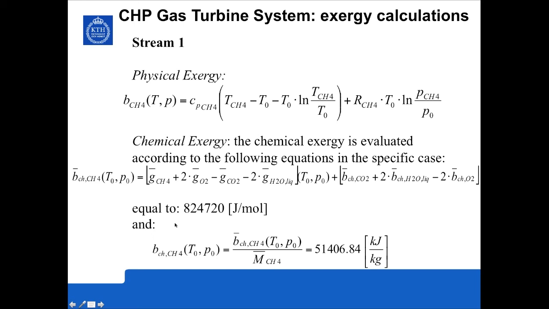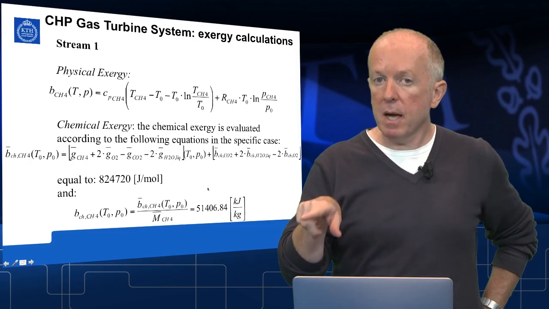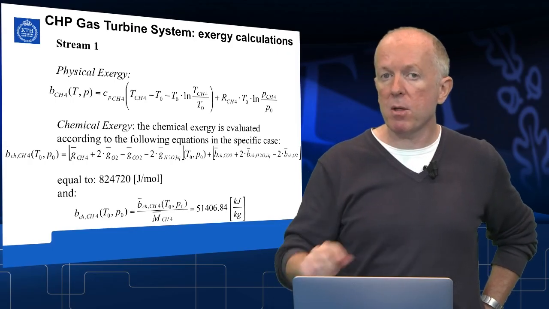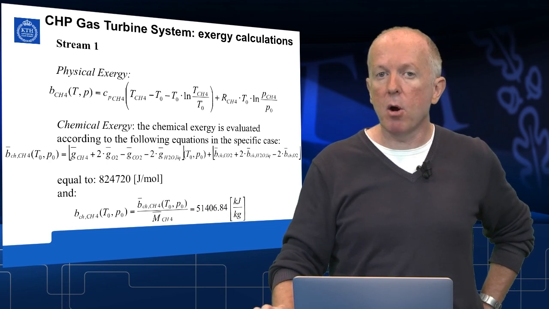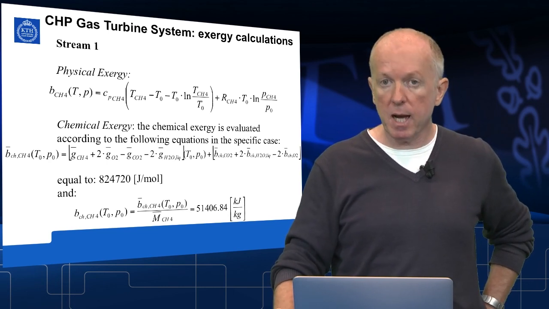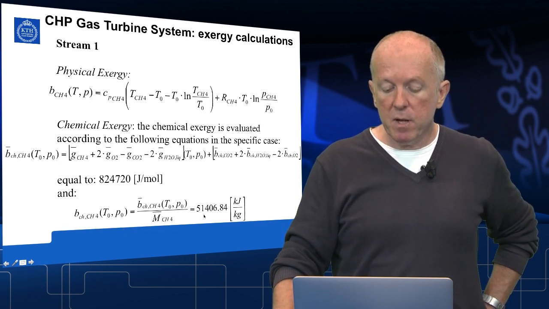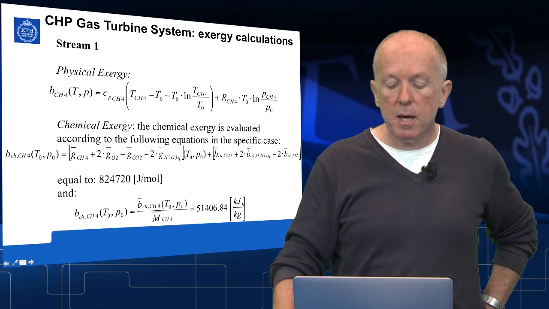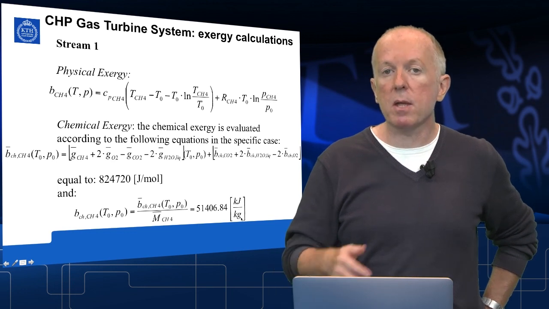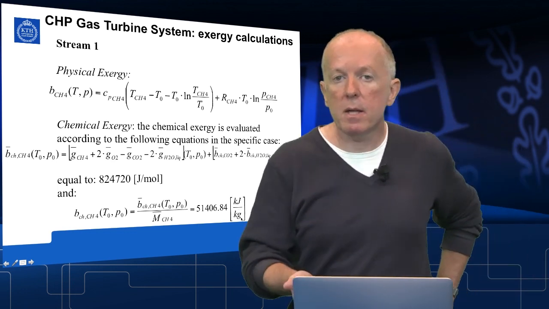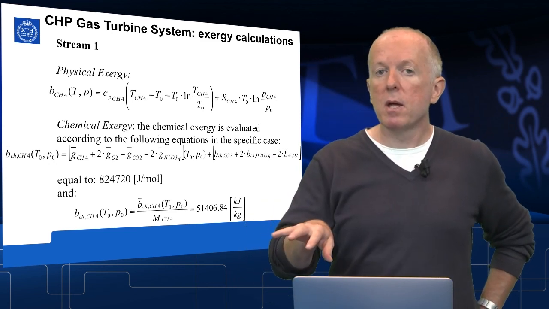So at the end you obtain a value of around 824,720 joule every mole. So you see, a very high value. If you want to pass to the mass quantity, you have to divide by the molar mass of the molecule of CH4, which is 16 gram per mole, and you will obtain at the end the value of 51,406 kilojoule per kilogram.